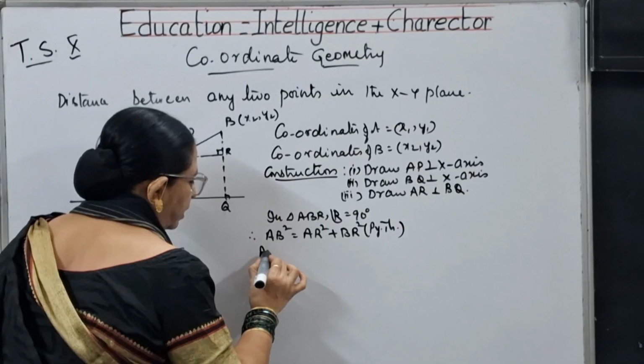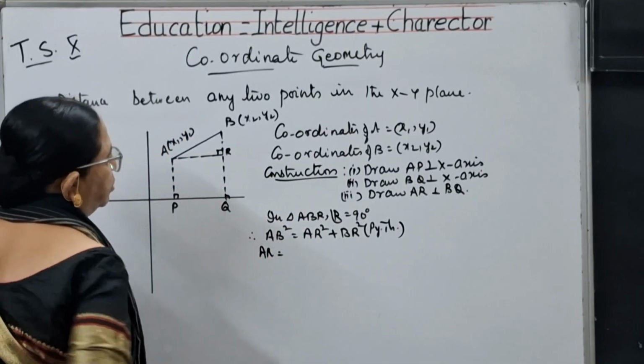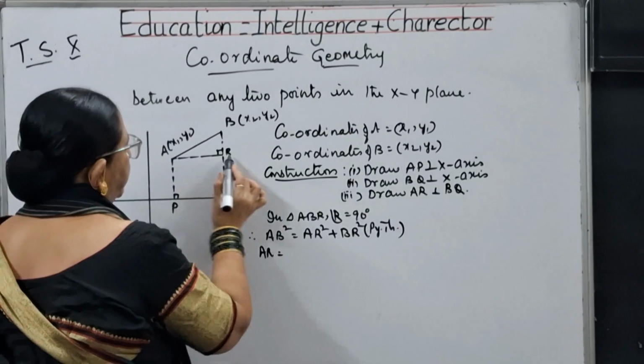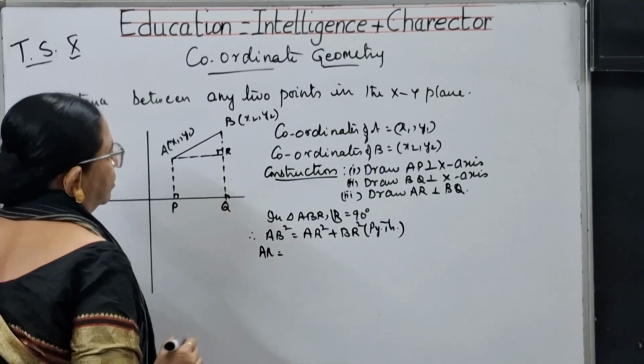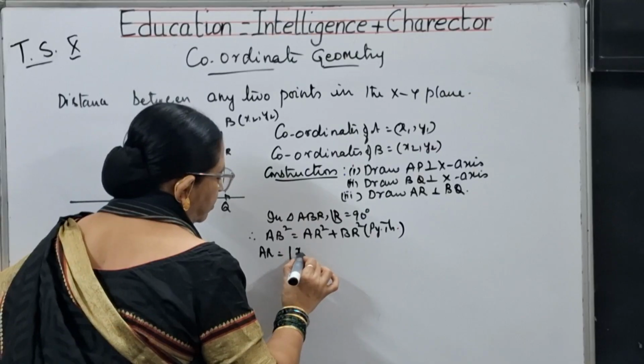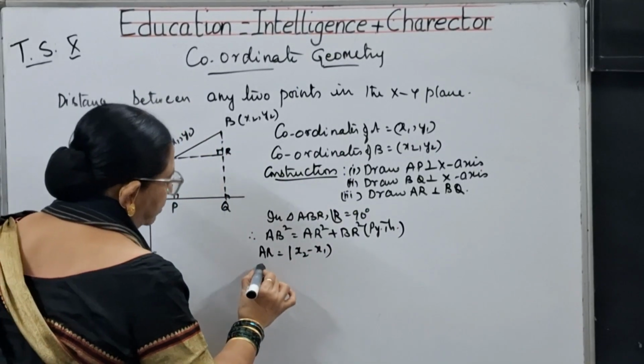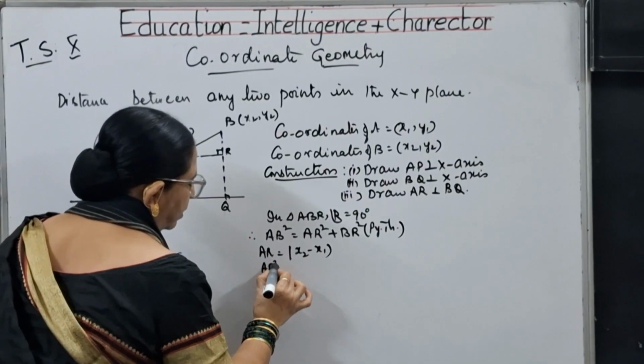But what is AR, children? AR is the line parallel to PQ. So a line parallel to PQ, that is on the x-axis, has the value modulus x2 minus x1. So what is AR square?